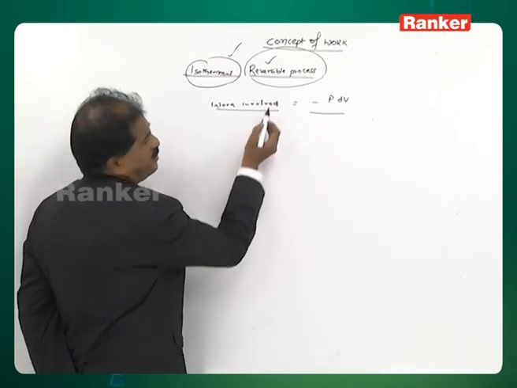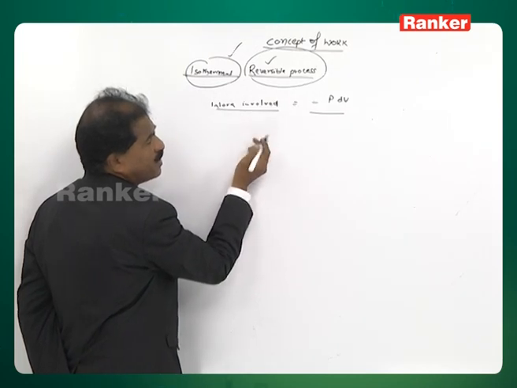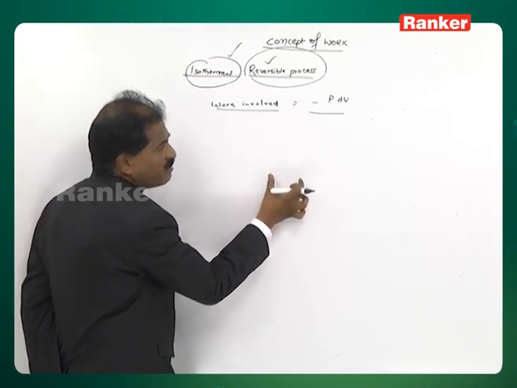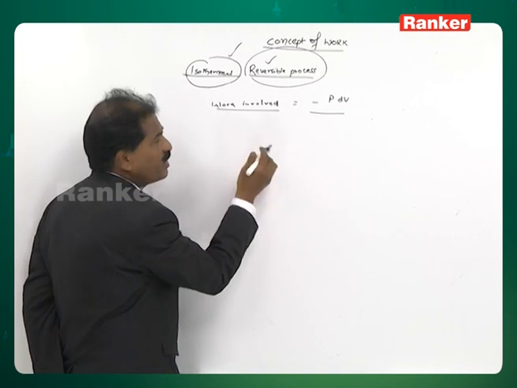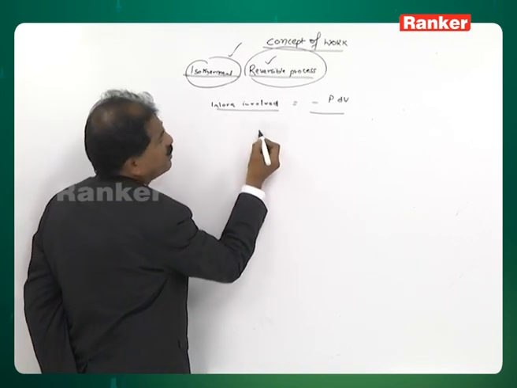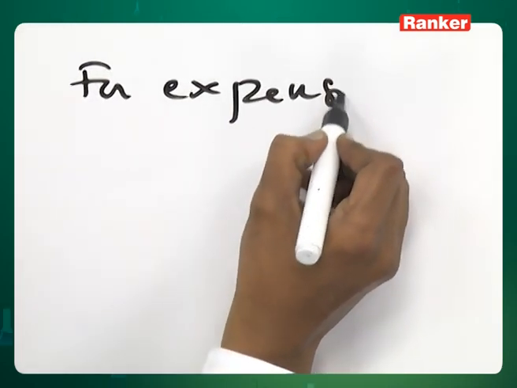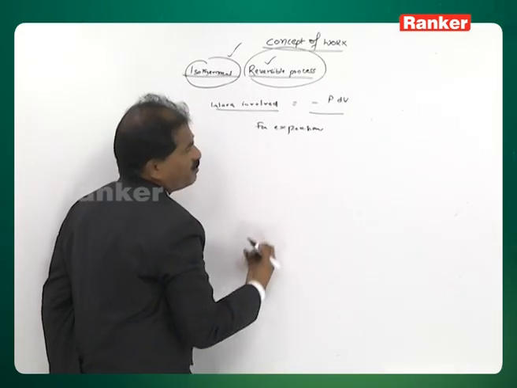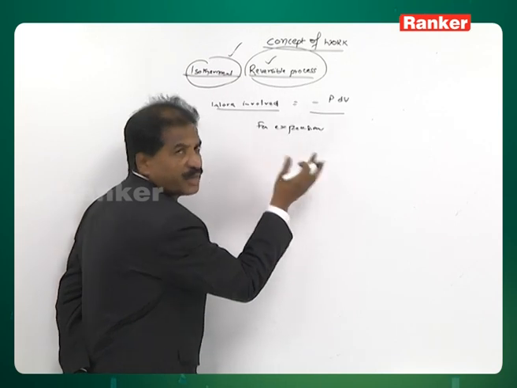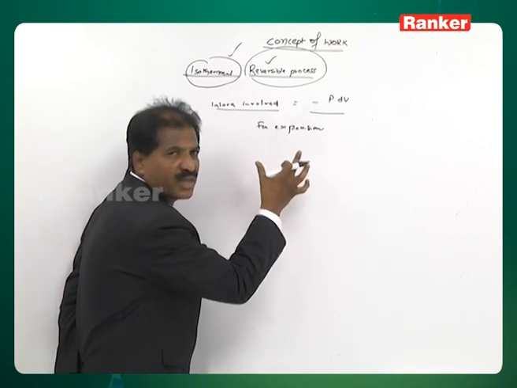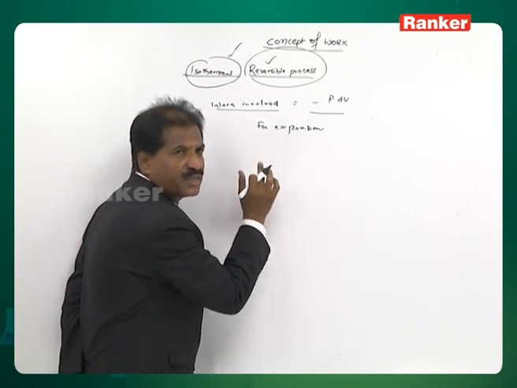Next, for expansion to take place, what is the basic requirement for a gas to be maintained? For the expansion to take place, the pressure of the surroundings must be slightly less than the pressure of the gas.